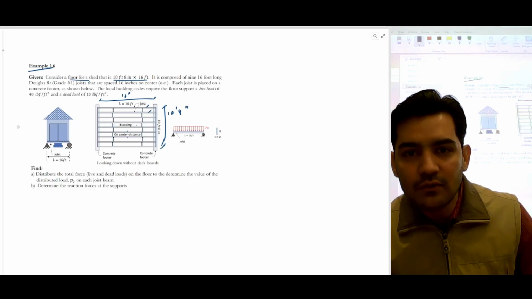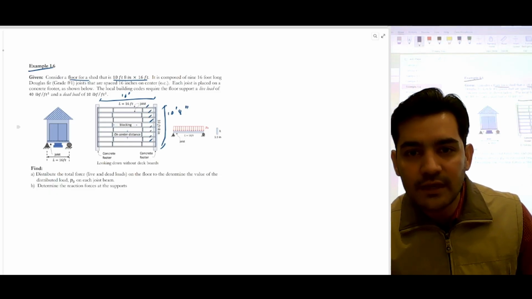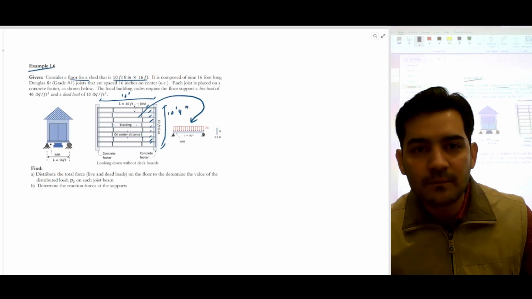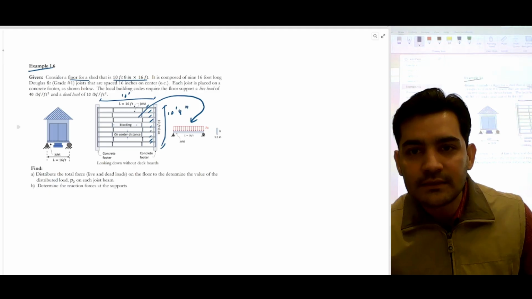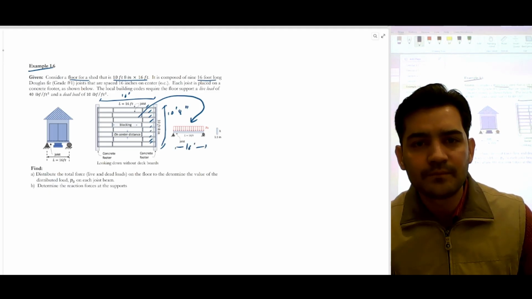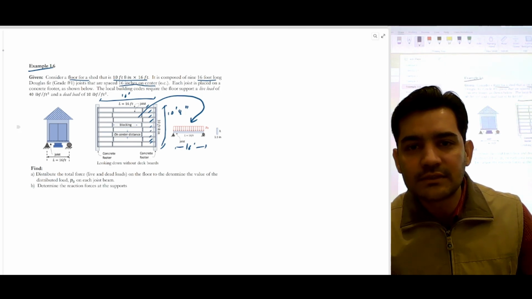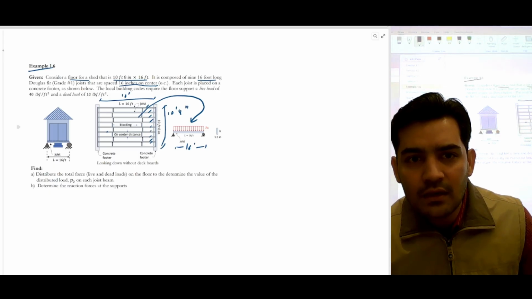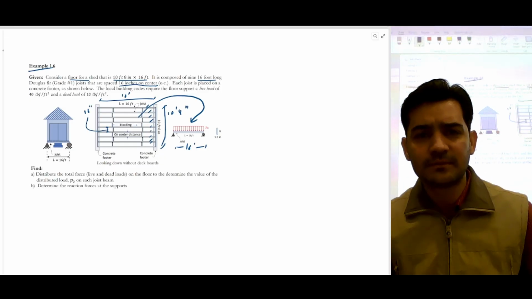So these are nine: 1, 2, 3, 4, 5, 6, 7, 8, 9. So this is what is drawn here. And the length is 16 feet, and they are spaced at 16 inches center to center. So the distance between one joist and another one is 16 inches.